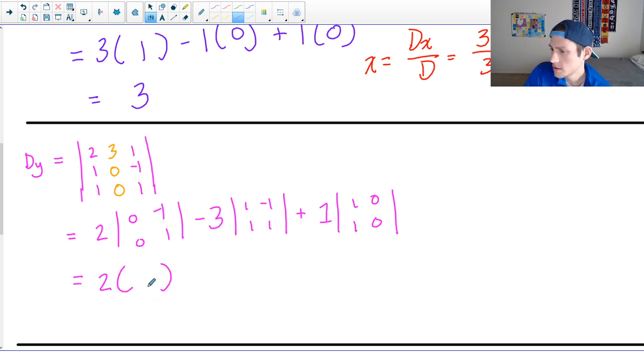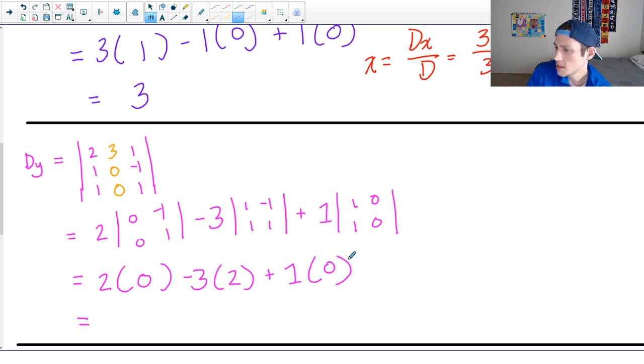Okay. And then same thing for calculating the determinants. Should get pretty good at this. This would be 0 minus 0. Great, that's 0. Okay, minus 3 times 1 minus negative 1. So that would be 1 plus 1 is 2. 0 minus 0, 0.